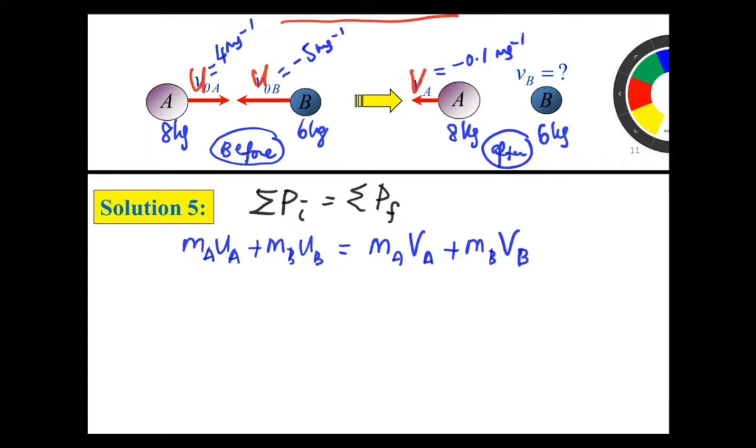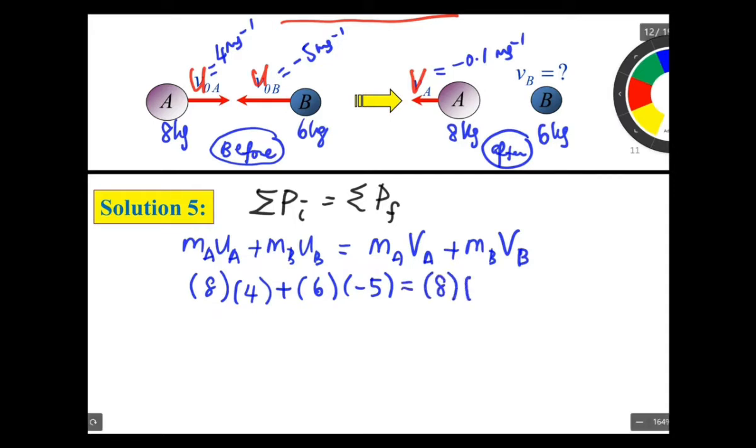Okay. Baru kita masukkan substitute the value dia. 8 times 4 plus 6 times negative 5. Kenapa negatif? Direction of UB ke kiri, to the left, is equal to 8 times dengan negative 0.1. VA pun to the left plus 6 VB.